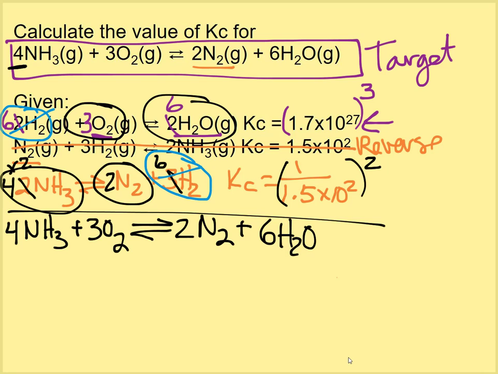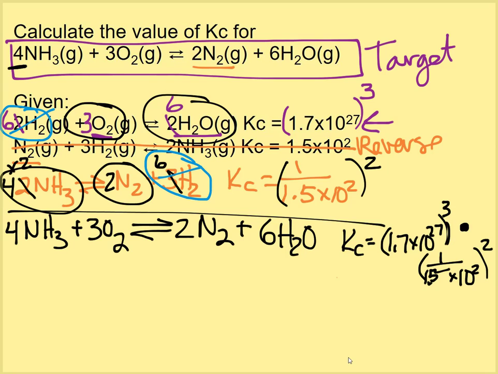So I need to multiply these Kc values. I'm going to have 1.7 times 10 to the 27. That's a huge number. It looks like I'm going to make it even larger. And I'm going to multiply it by 1 over 1.5 times 10 to the 2, and that's squared. So I get 4.91 times 10 to the 81.